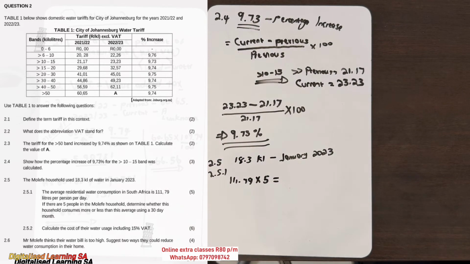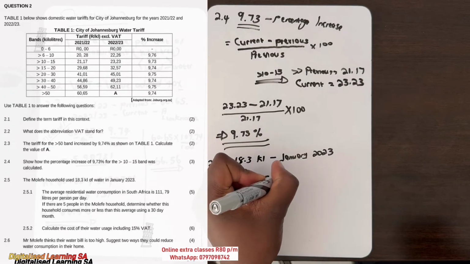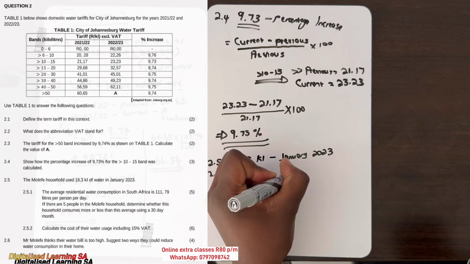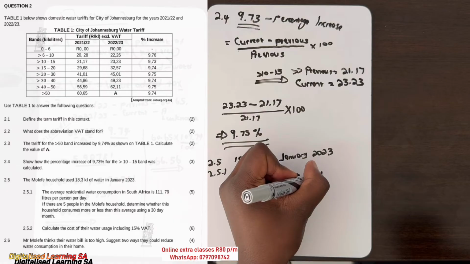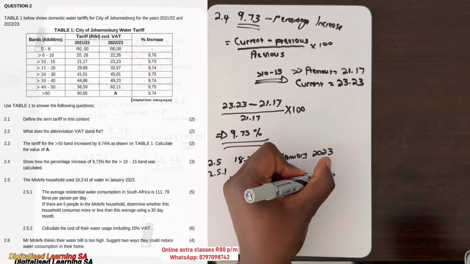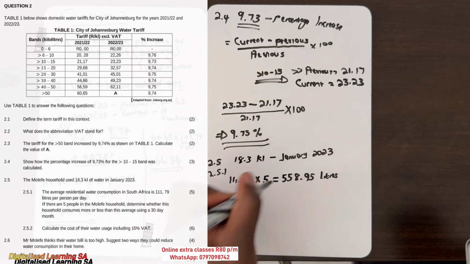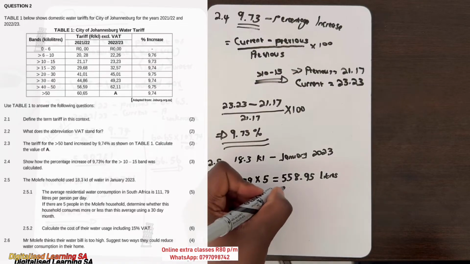So if we do that, 111.79 multiplied by 5, we get 558.98. So these are the liters used per day by 5 people.